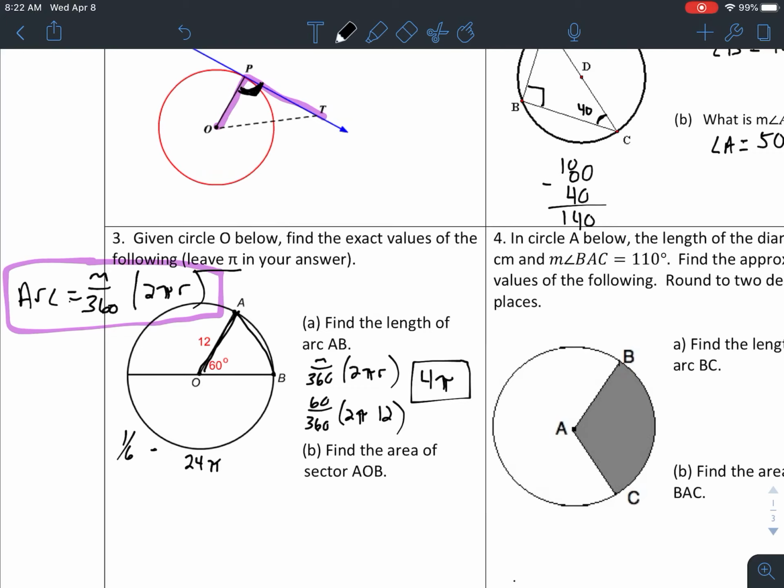Find the area of sector AOB. Let me see if our other notes have it. Sorry, guys. I'm checking worksheet number 2 to see if it's in there.